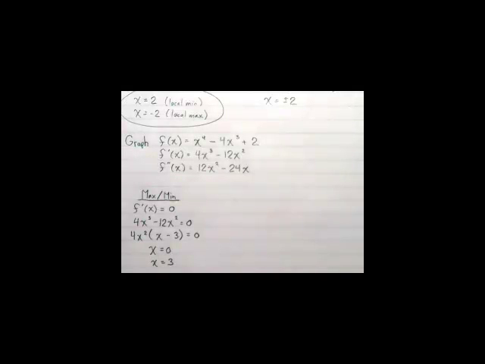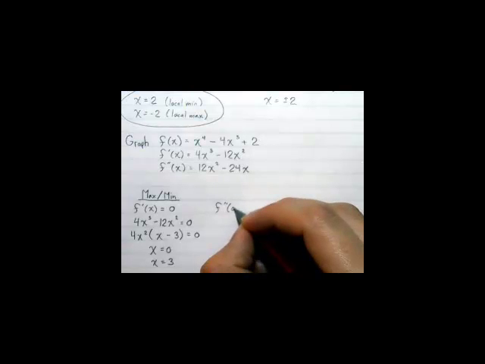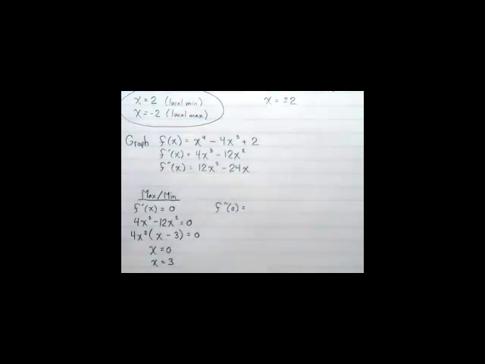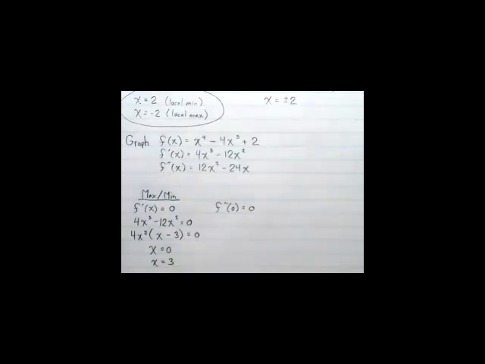Right, take them in that second derivative and check to see what I'm getting for the concavity, right? Okay, so f double prime of 0, what is that? 0. So what's going on there?